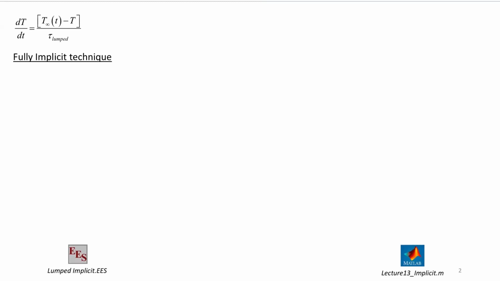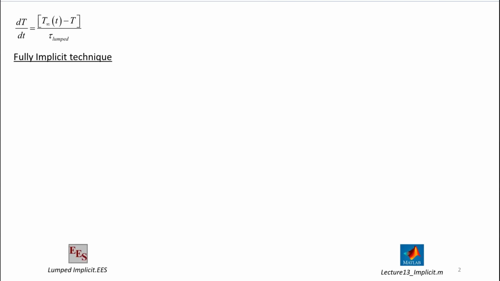Okay, so the fully implicit technique, if you remember, we were kind of going through and classifying these things. So this is a first order technique. First order means we're going to be evaluating the derivative once, and then instead of being explicit, as the name would imply, it's implicit.